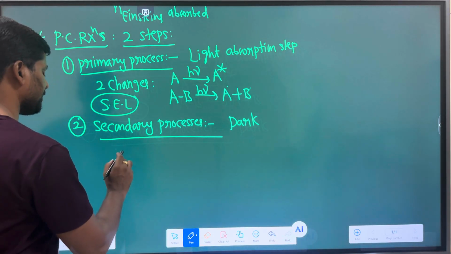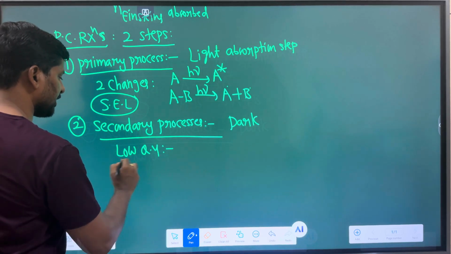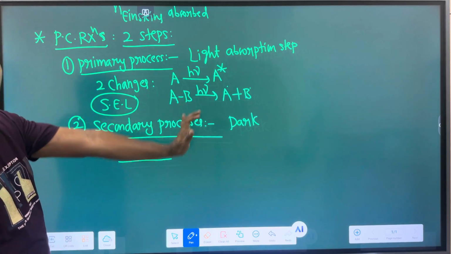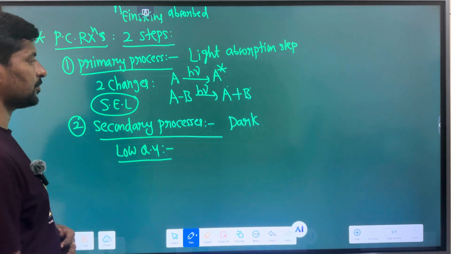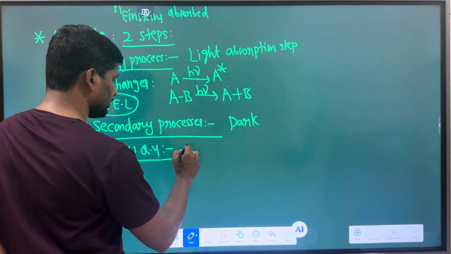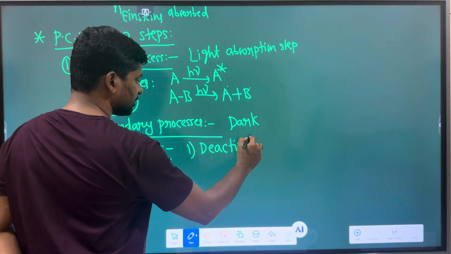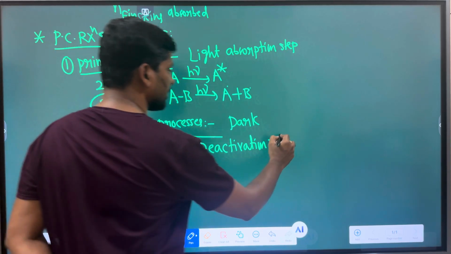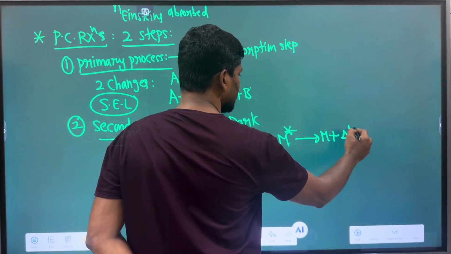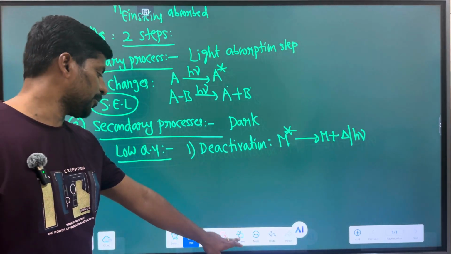Why we may get low quantum yield: the secondary process may involve one step or more than one step. There are various reasons for low quantum yield. One is deactivation: the excited molecule we get returns to the ground state by releasing excess energy in the form of heat or light, without being involved in a photochemical reaction.